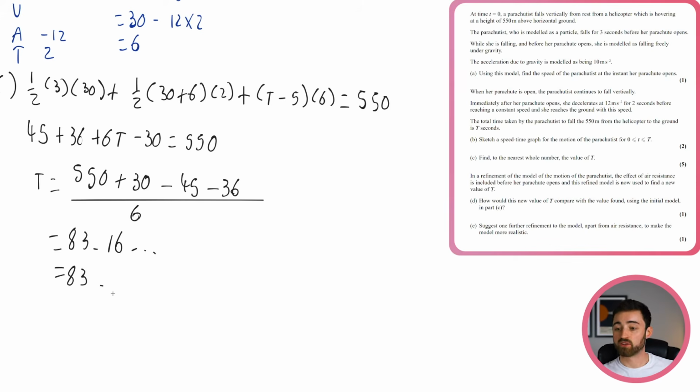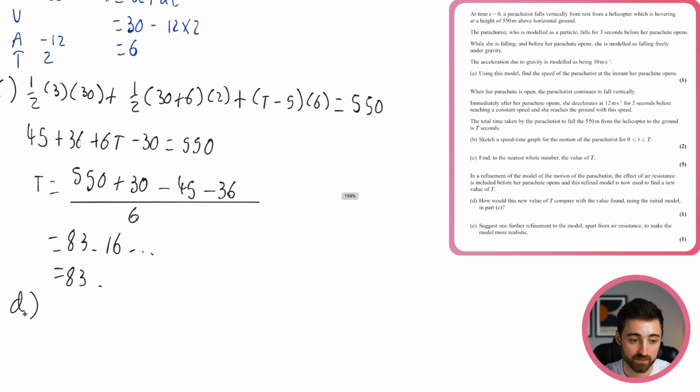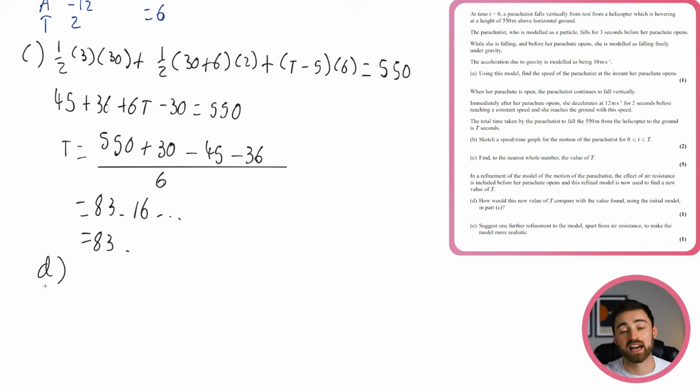Brilliant. Okay, in a refinement of the model of the motion of the parachutist, the effect of air resistance is included before her parachute opens. And this refined model is now used to find a new value of t. How will this new value of t compare with the value found using the initial model? Well, t is obviously the time it takes her to get to the ground, right?